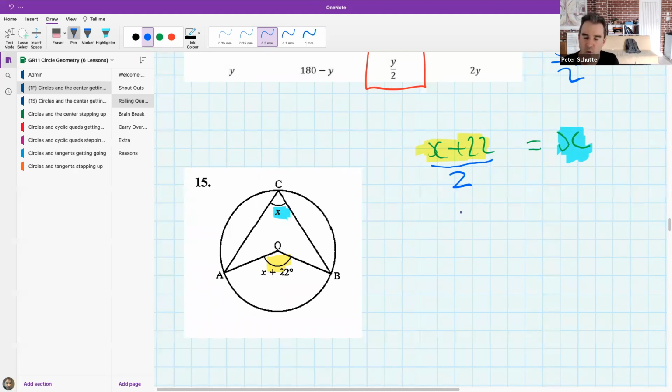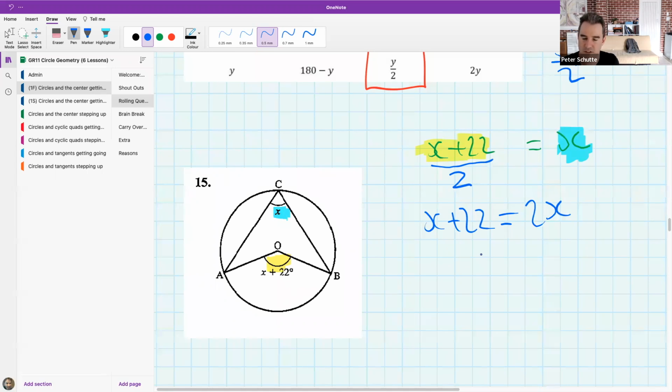So now I am going to multiply both sides by 2. And when I multiply both sides by 2, I should get this. And then what do I need to do? Now I've got 2x on this side and x on this side.